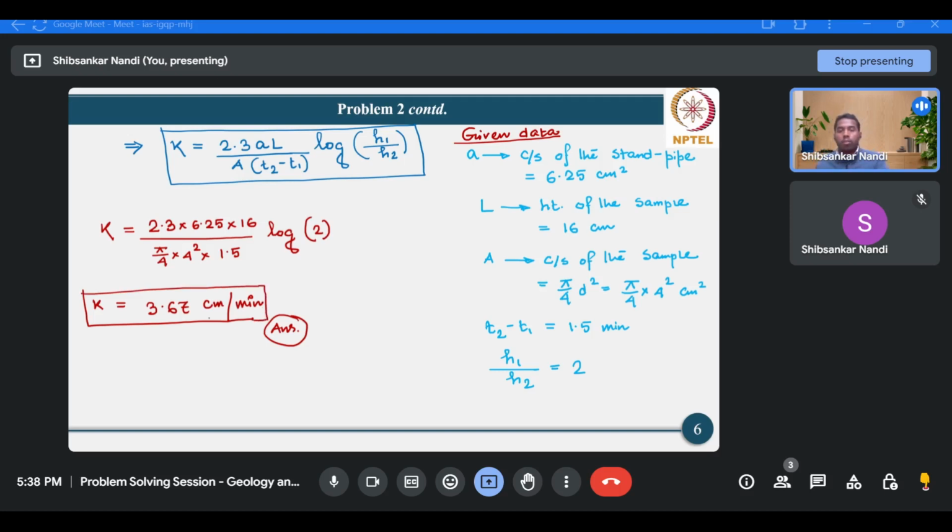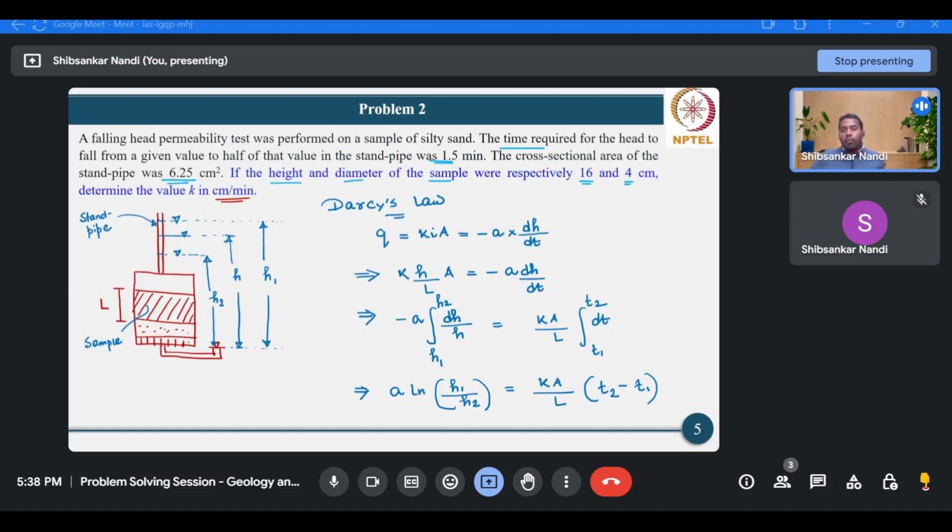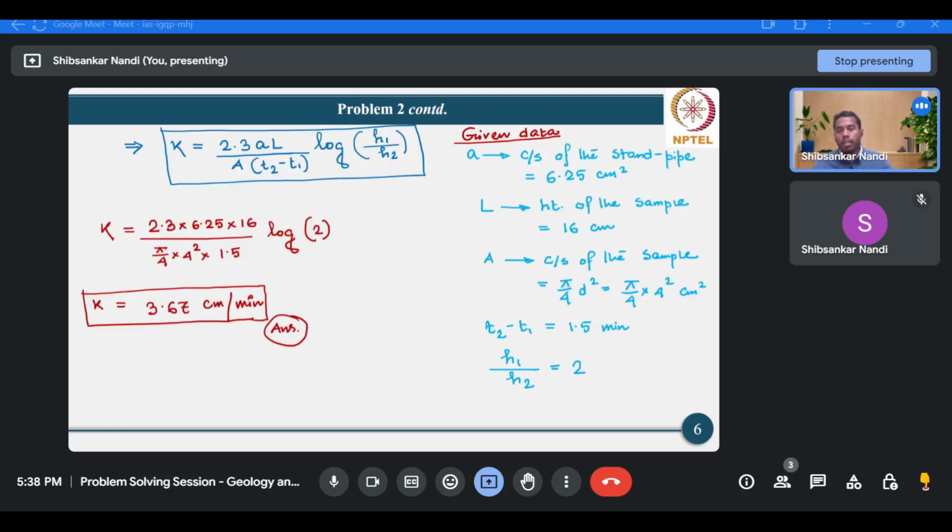Okay. So for the given data pertinent to a falling head permeability test performed on a sample of silty sand, the hydraulic conductivity of the sample is 3.67 centimeter per minute.